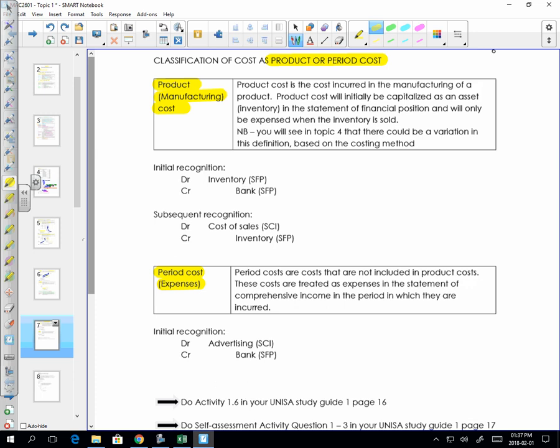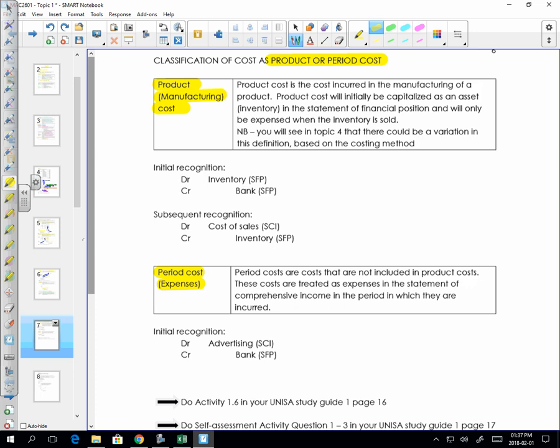Now, if you think of your financial statements, you had sales minus cost of sales on your profit or loss, gives you gross profit, plus other income, minus selling, distribution, admin, and other expenses, and then finance costs gave you profit for the year.